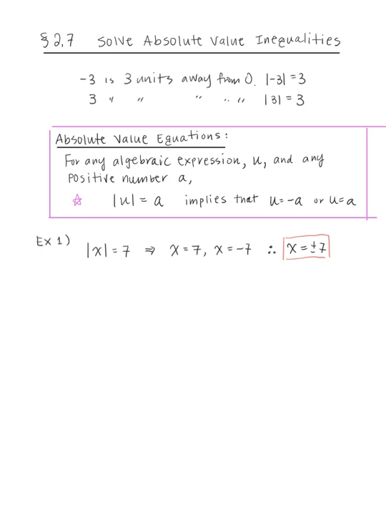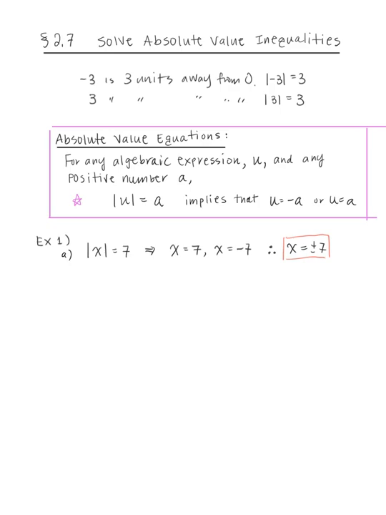Is that true? Check: if x is positive 7, then the absolute value of 7 equals 7. That makes sense. Now, if x is negative 7, the absolute value of negative 7 will also equal 7. So it makes sense. Let's call this example A.